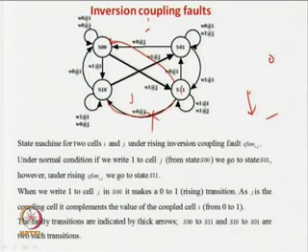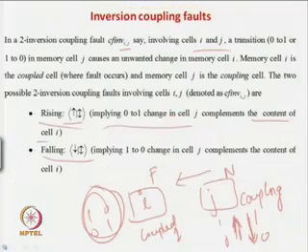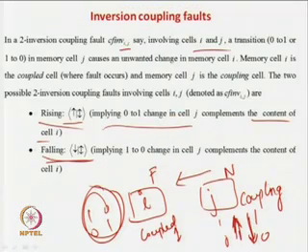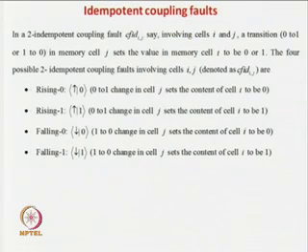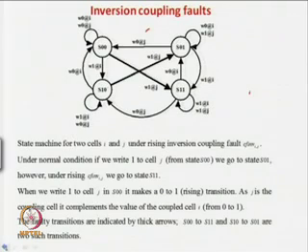You are changing 1 to 0, that is, you are going for a down in J, but along with it the value of x, that is 1, will also get complemented. So this transition will not be there; you will have a transition from here. This way you can design a model for this fault, which is called the falling inversion coupling fault. This way you can draw the state diagrams. This was about up, and you can also draw it for the down.